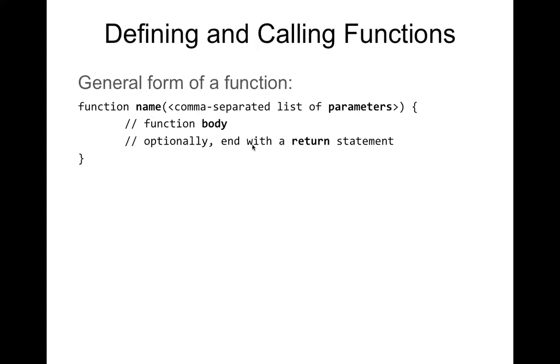So the first thing to think about is, how do we define a function? How do you tell JavaScript, the JavaScript interpreter, that you're going to create one of these functions?